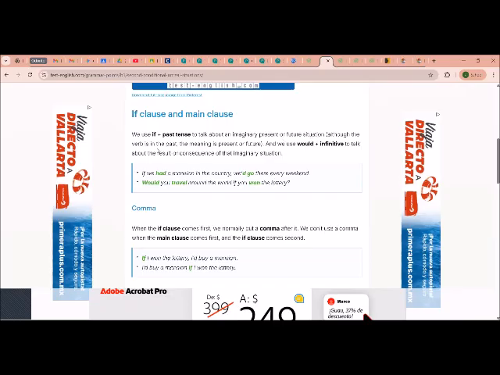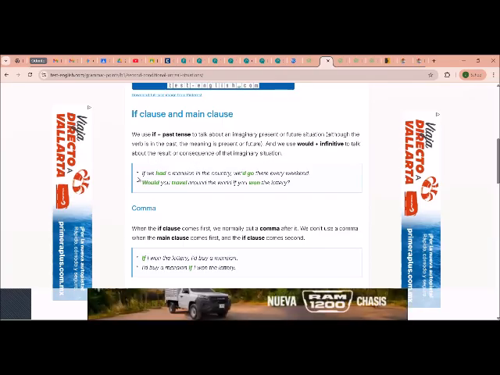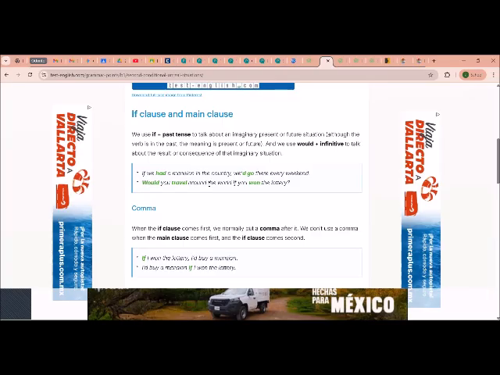Although the verb is in the past, the meaning is the present or future. We use would plus infinitive to talk about the result or consequence of that imaginary situation. For example: Would you travel around the world if you won the lottery?